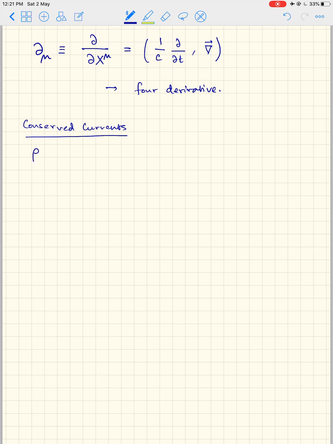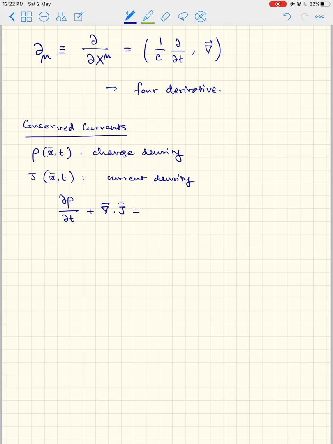We had rho of x and t, which was the charge density. And we had j of x and t, which was the current density. And we had an equation which was del rho by del t plus del dot j is equal to 0.